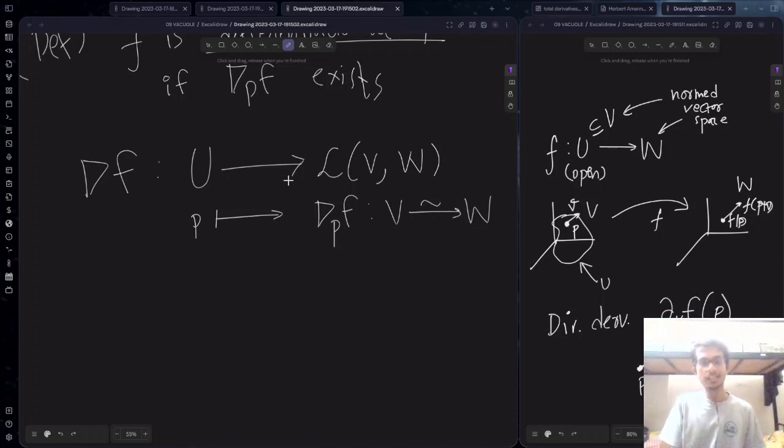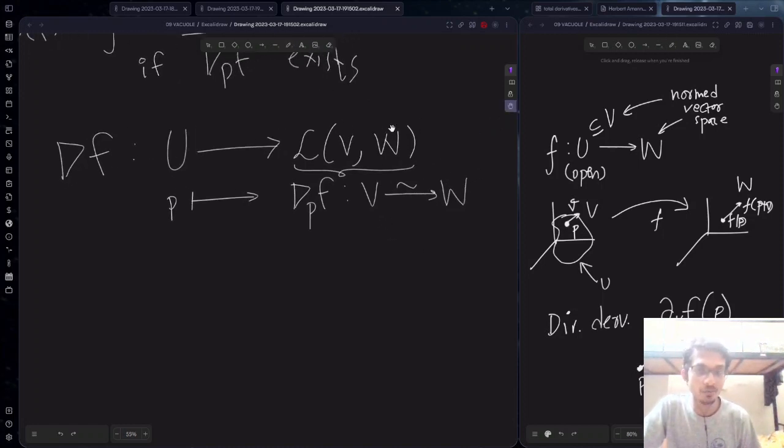Now, if I want to analyze this set more closely, I can write this set in a proper, easier to handle way. The set of linear transformations from V to W should be made into a nice space, a normed vector space to be exact.